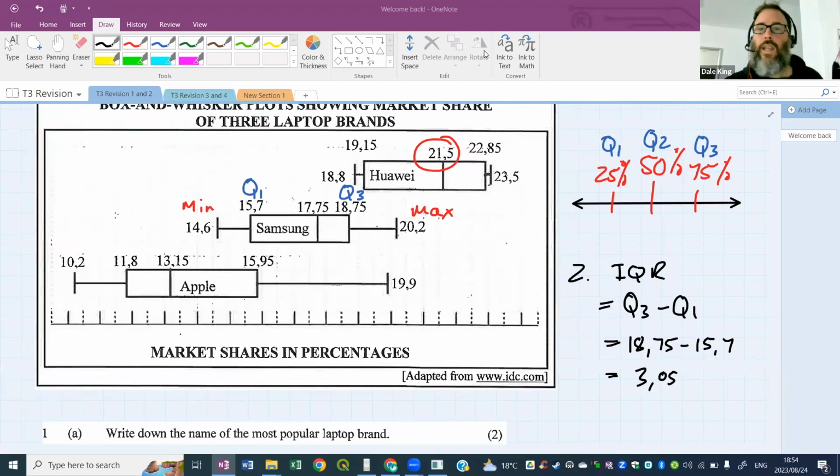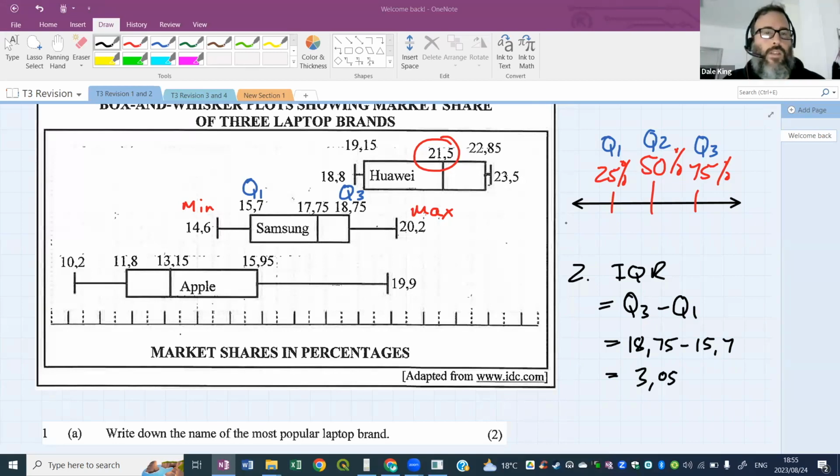No, Bianca, that's range. We're not working out range for this question. We're working out IQR, interquartile range, range between the quartiles. Yeah, that's correct for range, but we're doing IQR.